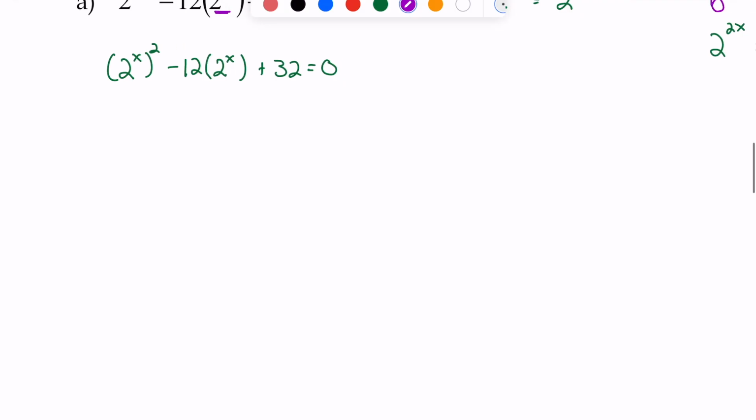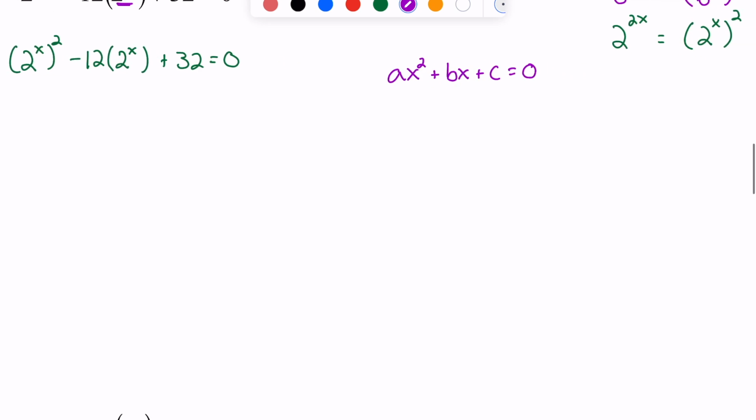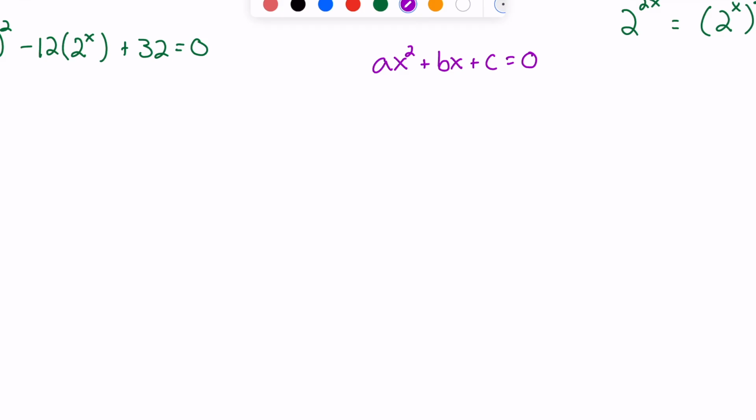This looks awfully similar to something we've seen before, where you have 3 terms where 2 of them have the unknown. A quadratic. So when we solve a quadratic, remember we are getting factors, like x plus r and x plus s.